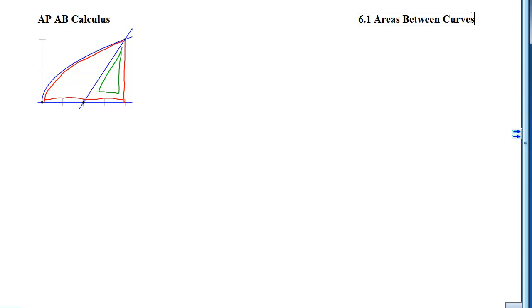So if we write the entire area using what we knew before, which is just the integral from 0 to 4 under this curve, which is root x, and then simply subtract the triangle's area, which is 1/2 its base, which is 2, times its height, which is 2, then we will end up getting that same 10/3.